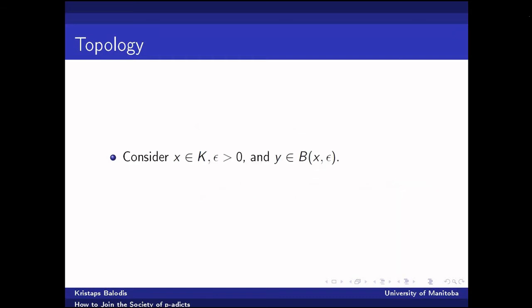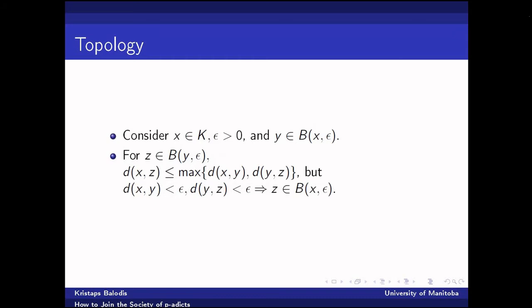So now, before we get on with developing the theory, let's consider another really weird scenario that pops up with non-Archimedean metrics. Suppose again we've got some element of a field, we've got a non-Archimedean metric on that field, and say I've got y sitting in an epsilon ball around an element x.